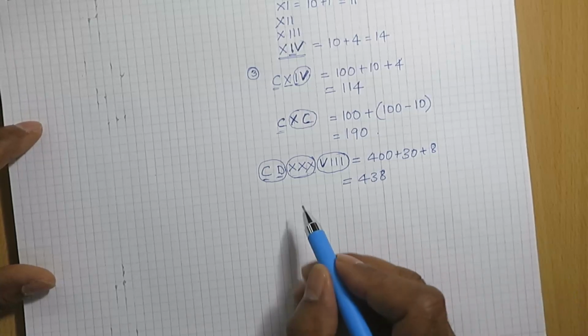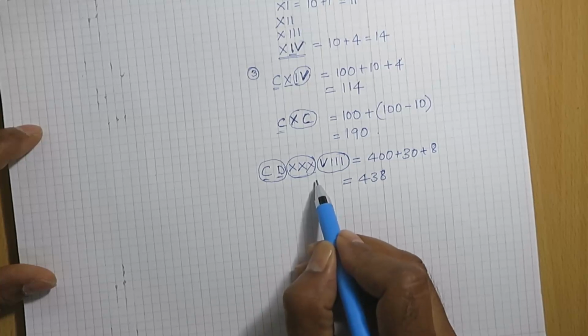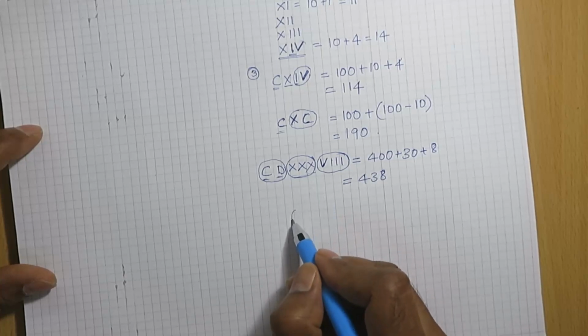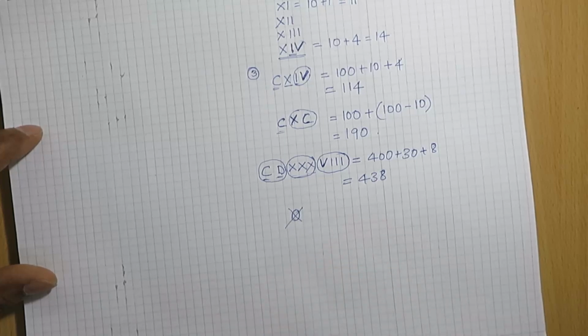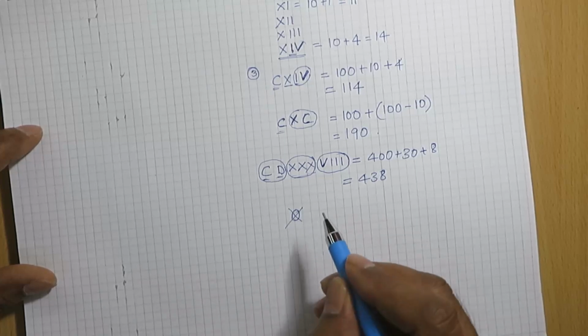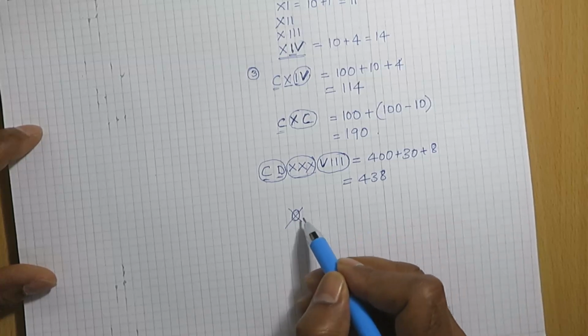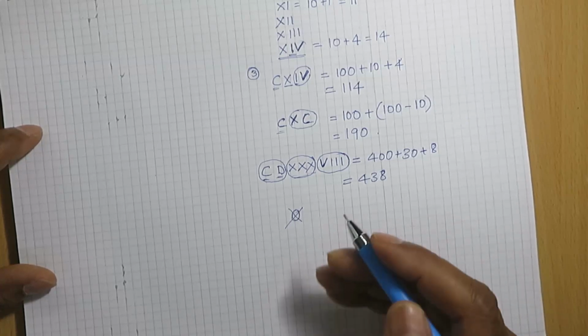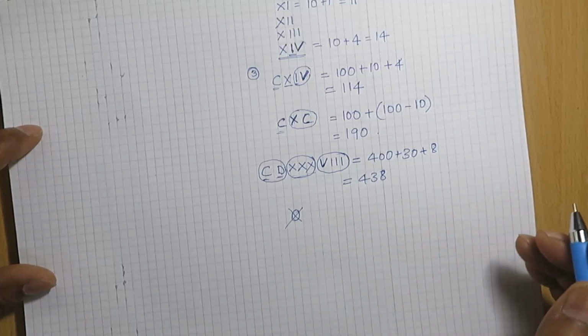Other things you must have observed is that in Roman numerals there is no 0. There is no representation of 0. It is not there. In the Hindu Arabic system, 0 is there, and because of this 0, when we write 1 to 9 and then have to write 10, we write 1 0 as 10.